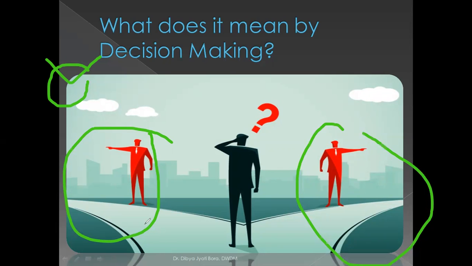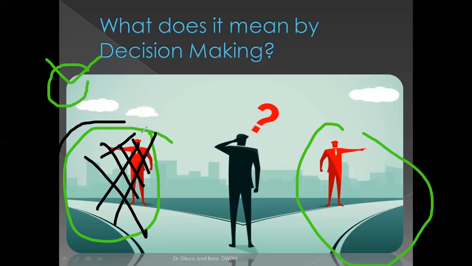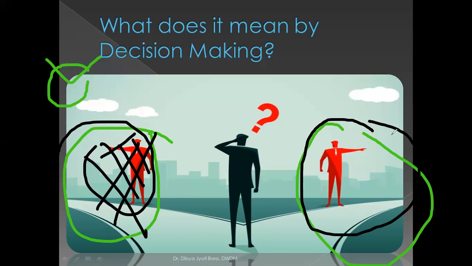Now suppose if I remove, or if I say that there is no second person here, only this person is showing you that this is the direction, I think that in that situation that man will not get confused, right?